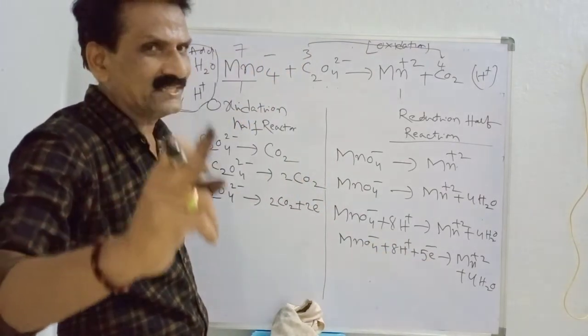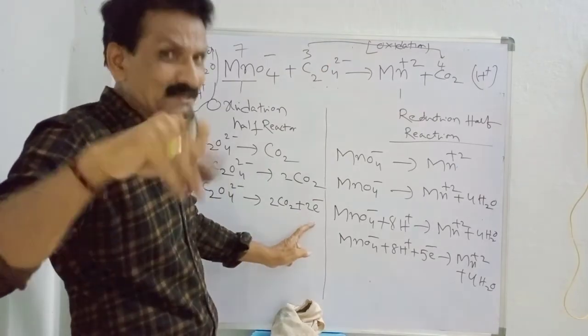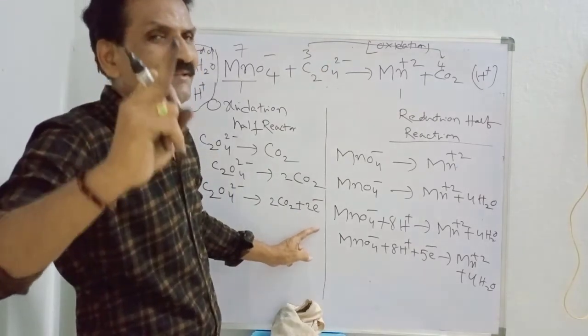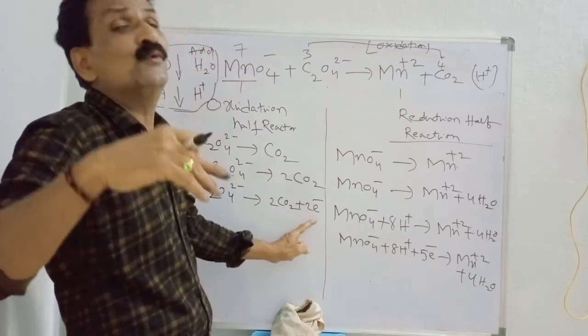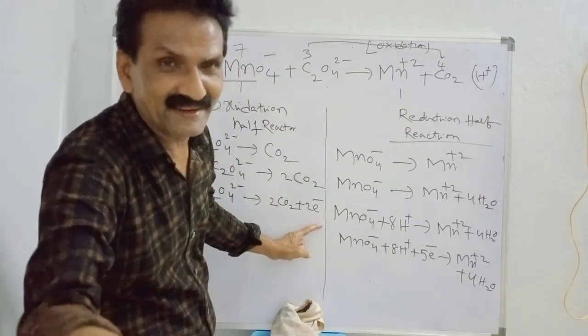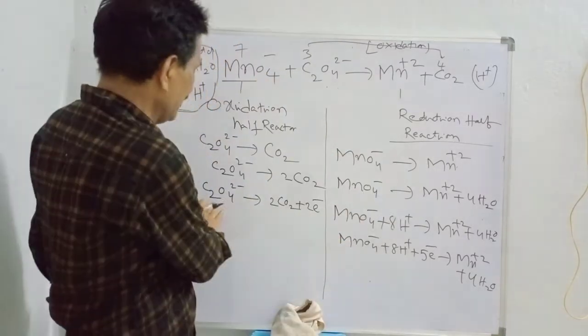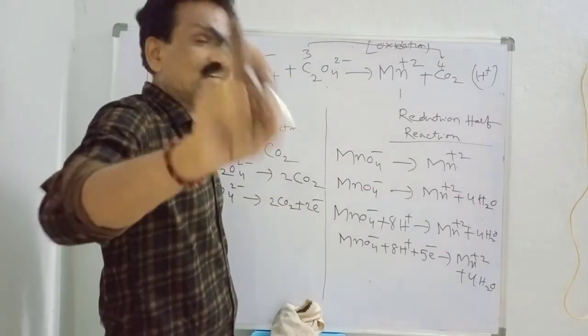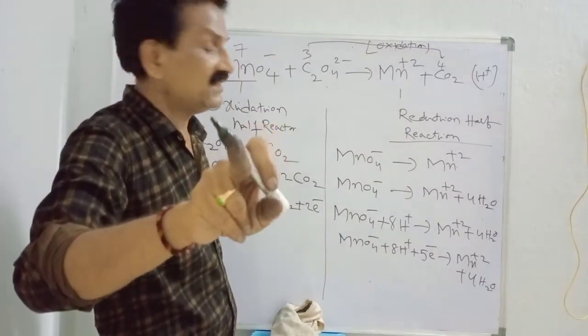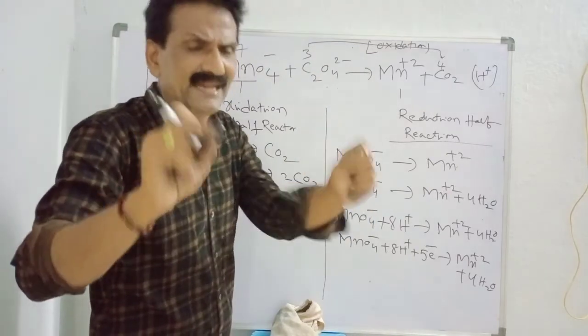So in oxidation, you have a simple trick. In oxidation, we add electrons on the right hand side.